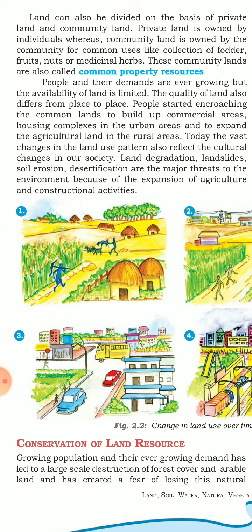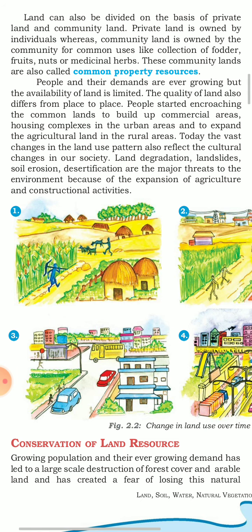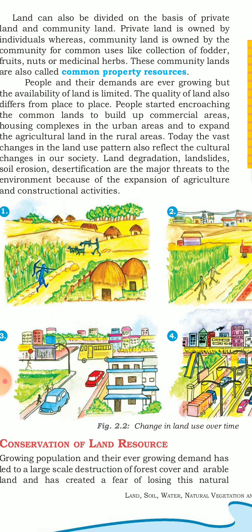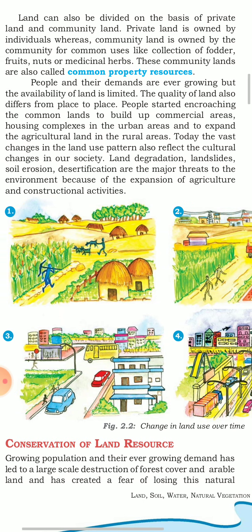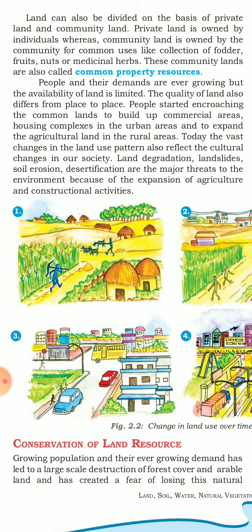Populations and demands are increasing, but land is limited. Many constructional activities are going on, and also agricultural land is expanding. These are leading to land degradation. Land degradation means problems largely related to agricultural use, deforestation and climate change.